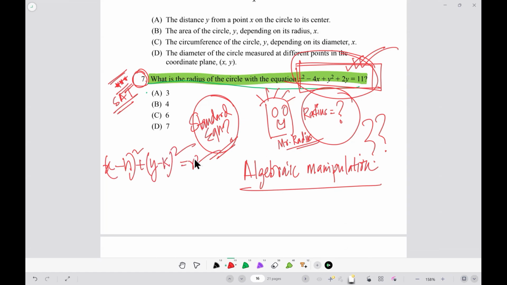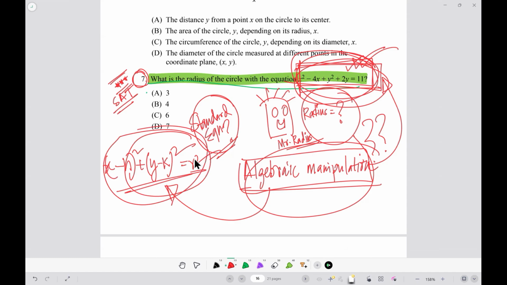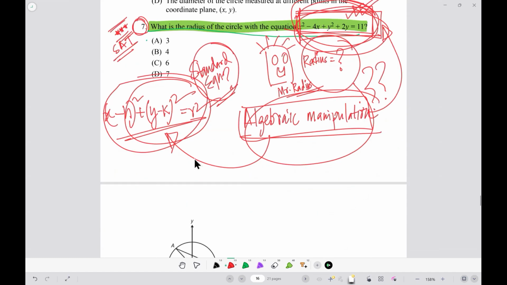To do that, we need to do algebraic manipulation over this equation to get this form. And how to do that?